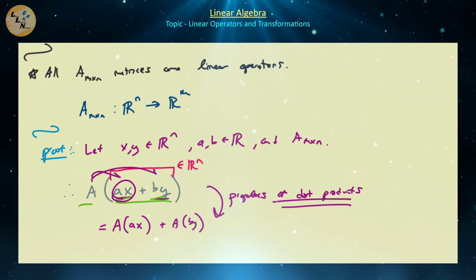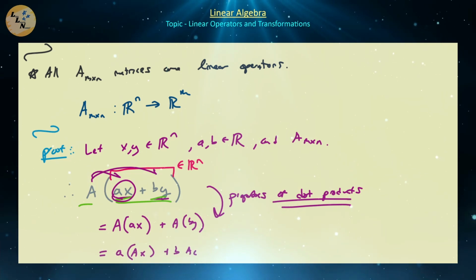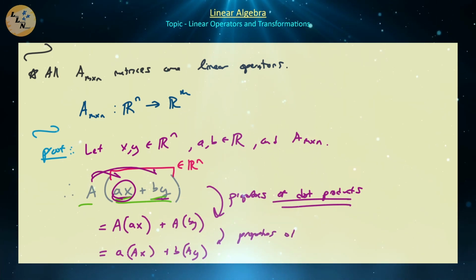Because that is just the dot product of the column values with each of the rows. No big deal there. Or the row transpose, I guess you could say. And then we can rewrite this as A times AX plus B times AY, and that's by properties of scalar multiplication.